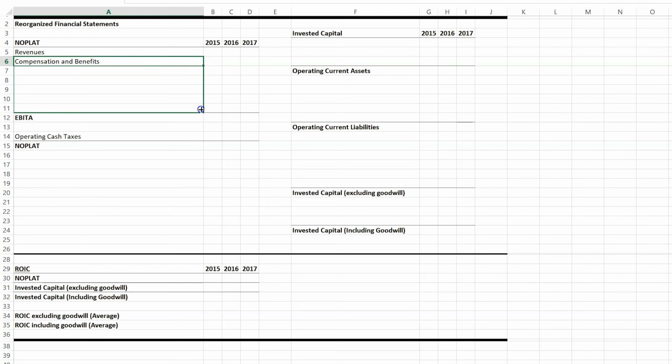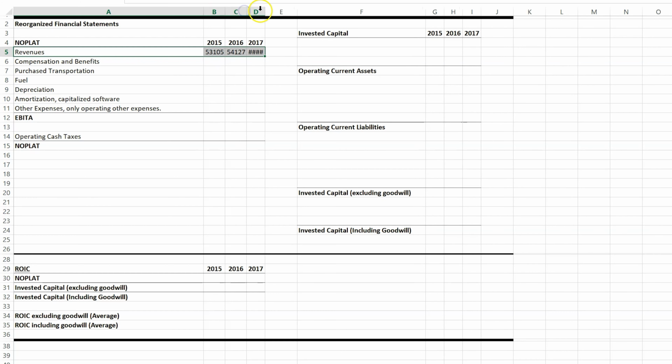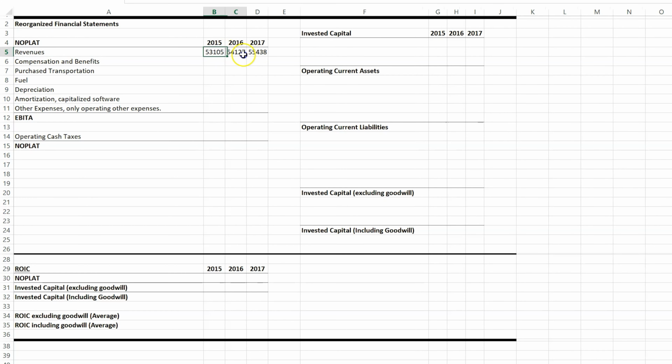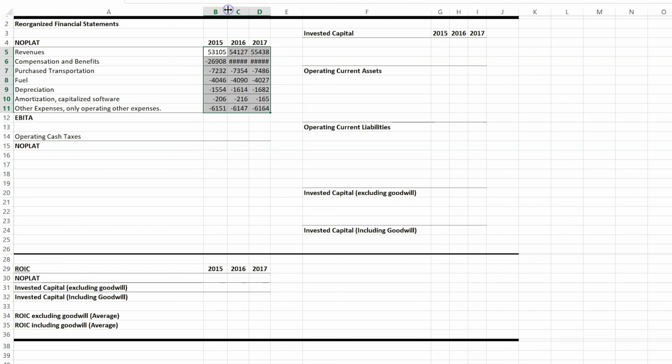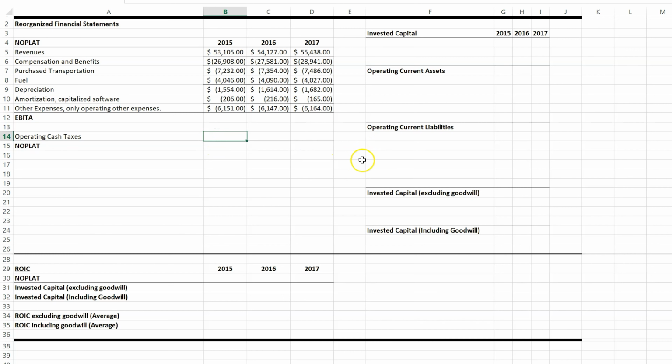We'll see if we can drag all that down. There we go. We will pull all our values in over here. I'm going to reformat all of this to be accounting. We are going to have to calculate operating cash taxes separately.